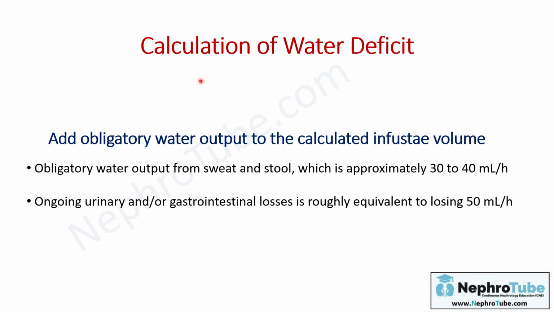So we have to add to the water deficit that we calculated, that was 8.4 liter, about 30 to 40 ml per hour for sweating and stool, and about 50 ml per hour for urinary and gastrointestinal loss. We have to add these to the total water deficit.